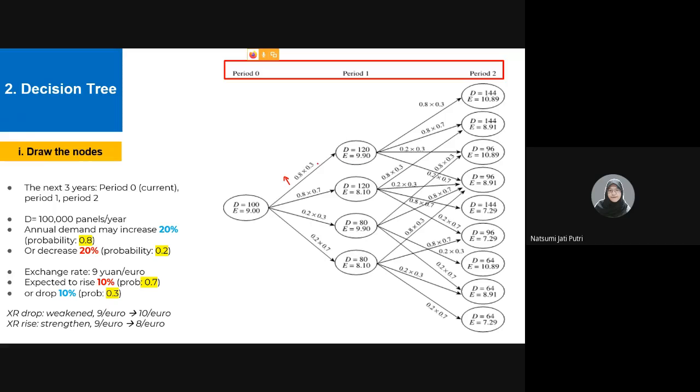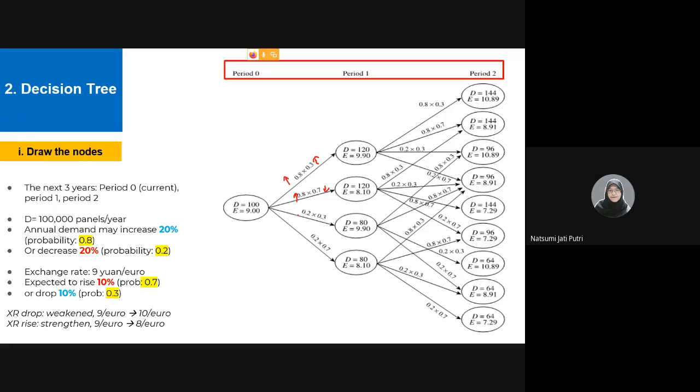So I just sign it by this increase. Then the annual demand increases, and the exchange rate will rise, but the value in exchange rate here will decrease.